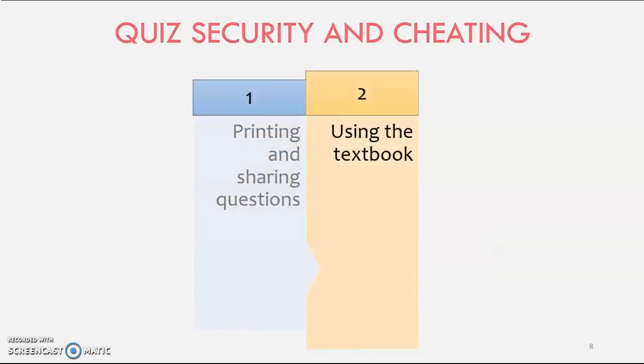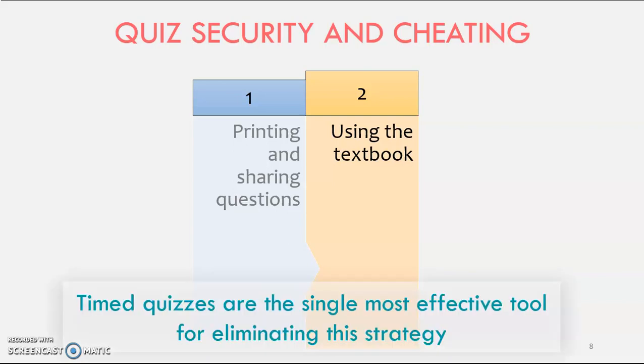Second type is using the textbooks. Students will frequently look up the answers to the questions in the textbooks or a reading. You need to come up with creative ways of making the textbook less directly useful. Timed quizzes are the single most effective tool for eliminating this strategy.